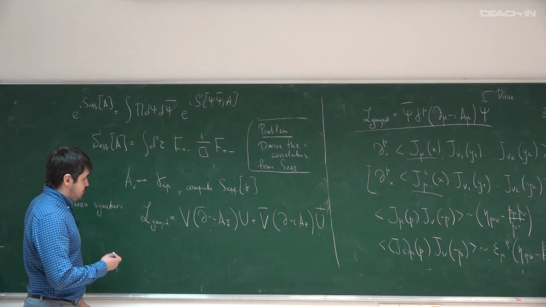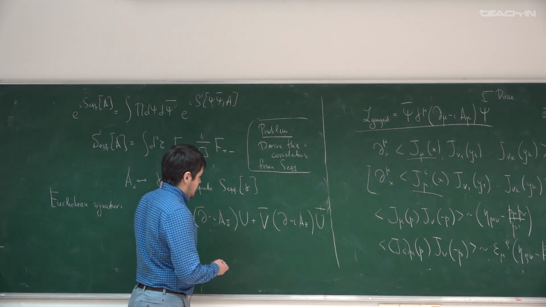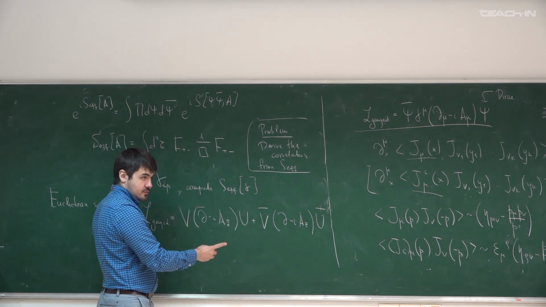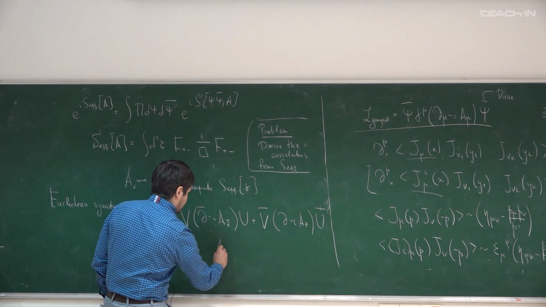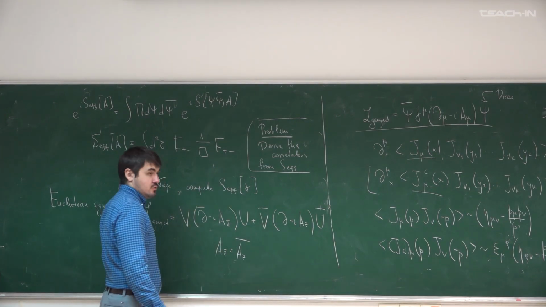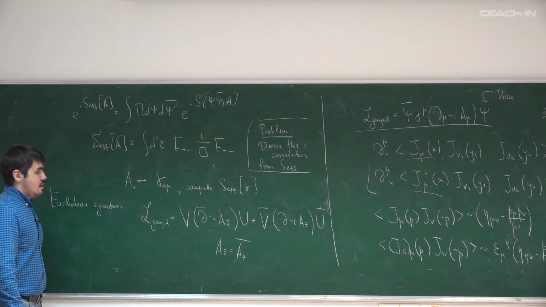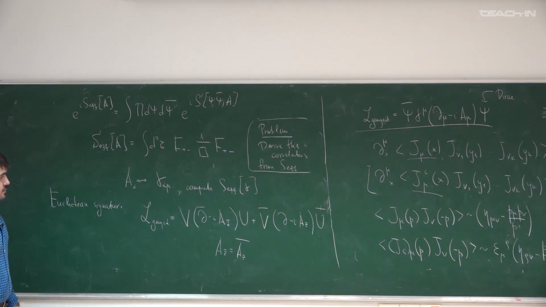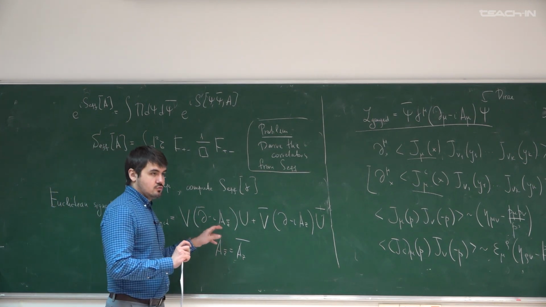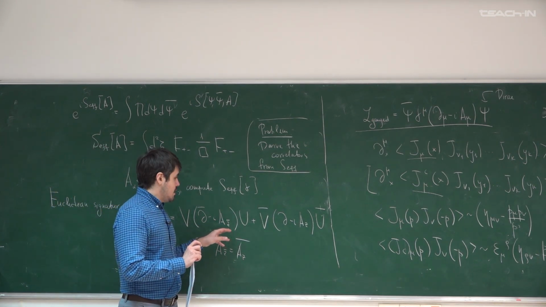And so AZ and AZ bar are two components of the gauge field, conjugate to each other. AZ bar is the conjugate of AZ in Euclidean signature. You see, there's something special about this gauge field in two dimensions.